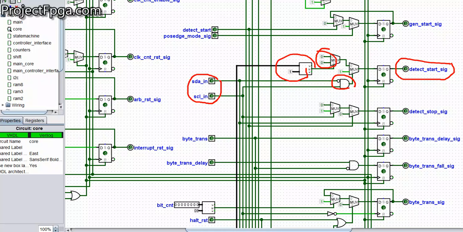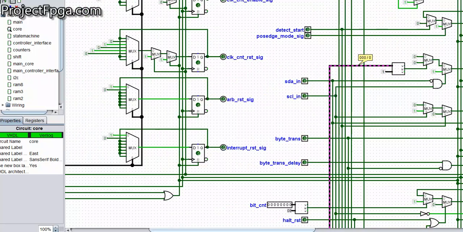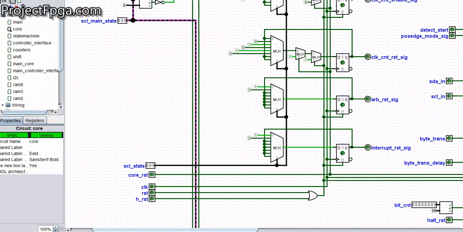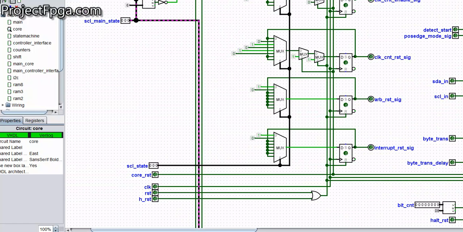So all these detect start, detect stop, gen start are actually pulsed signals. So this signal here is the SCL main state we talked about. You can see it. This is it here, the SCL main state that we've been talking about earlier before now.